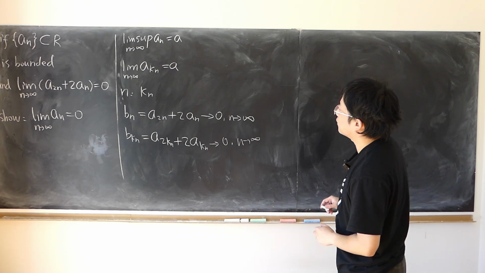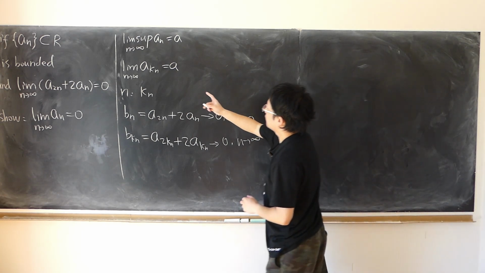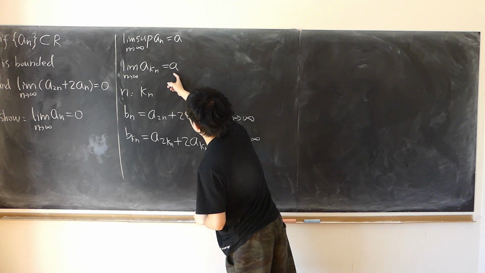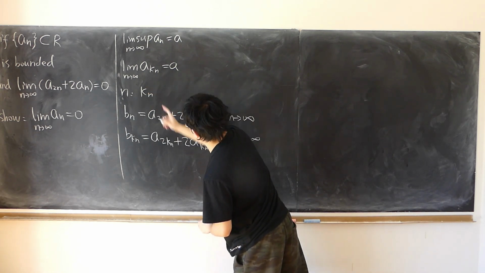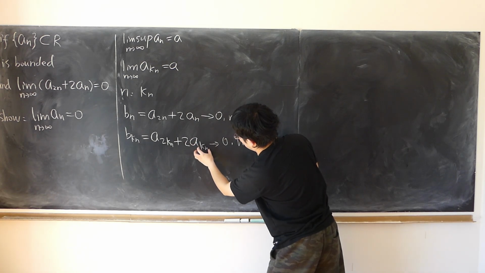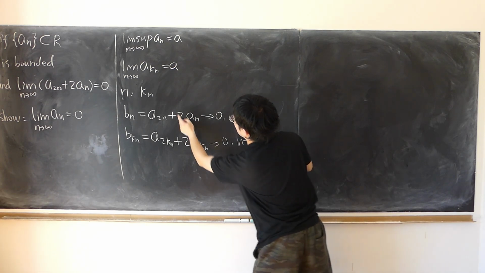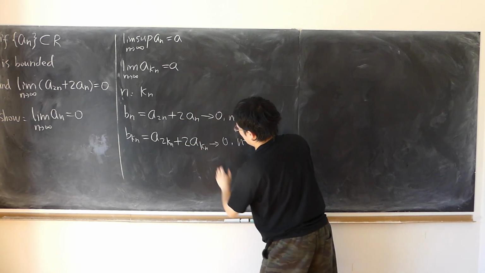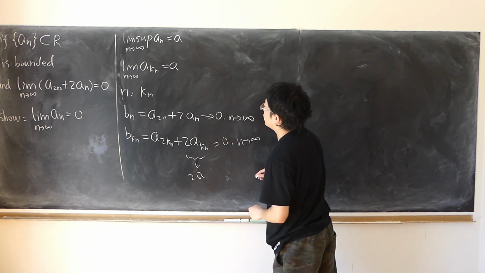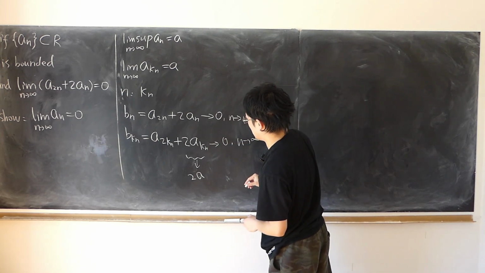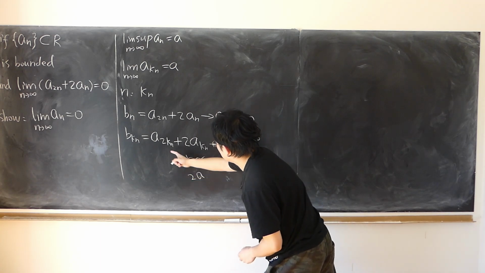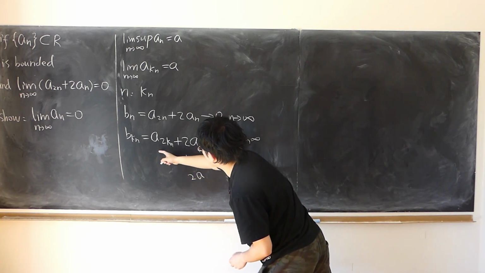So I can also tell that, because I already said that there is a subsequence approaching A. Right? So a_{k_n}, this is the same thing, right? a_{k_n}. 2 times that, so this is approaching 2A. Right? So which means this is approaching what? Negative 2A.